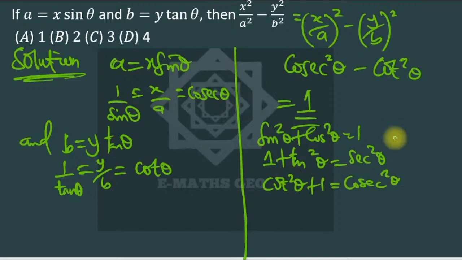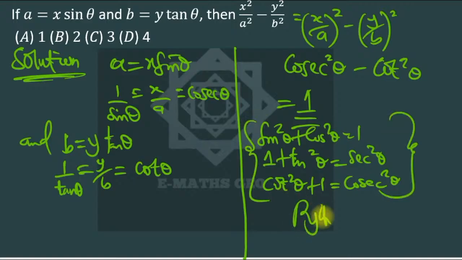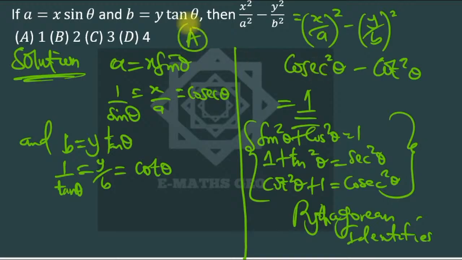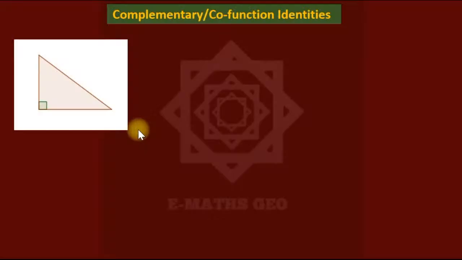So these are called Pythagorean identities. That's why we said cosec squared minus cot squared is 1, so that's how I got 1. Our answer is option A. Thank you. So we're on complementary or cofunction identity.